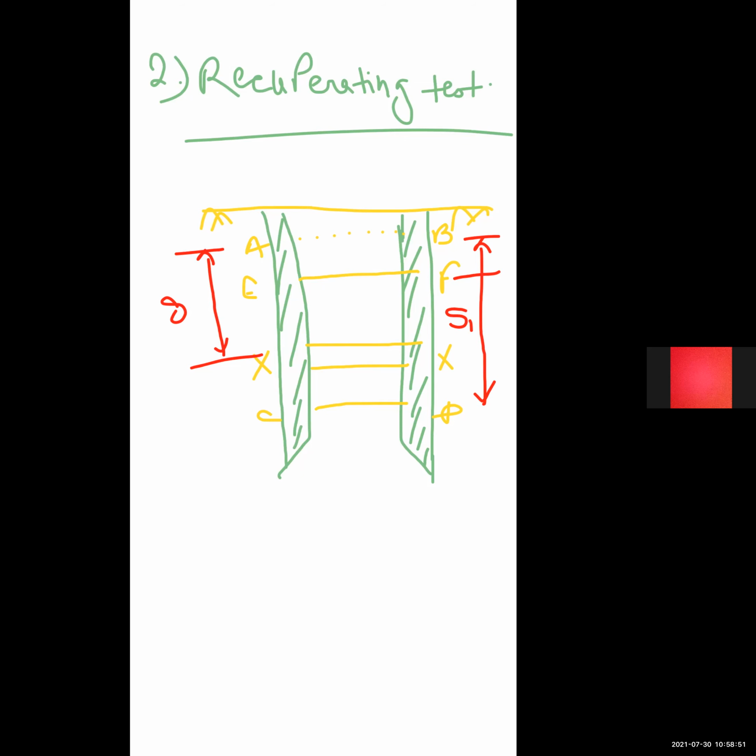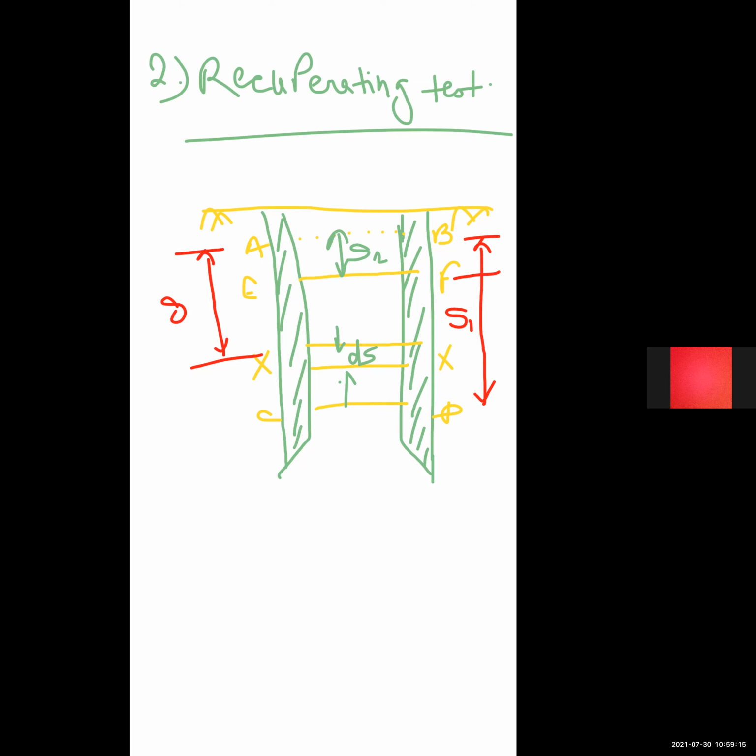That is the EF. This point is the S2, and this is the DS. So S2 is the depression head in the well at time T after the pumping is stopped.